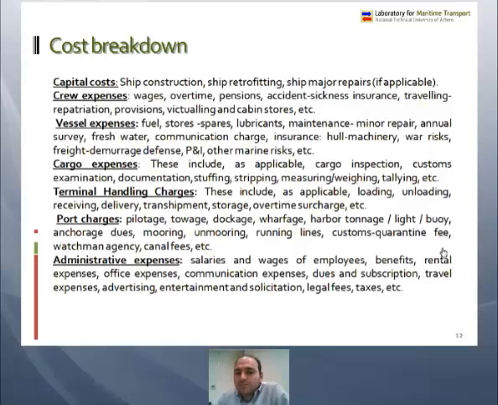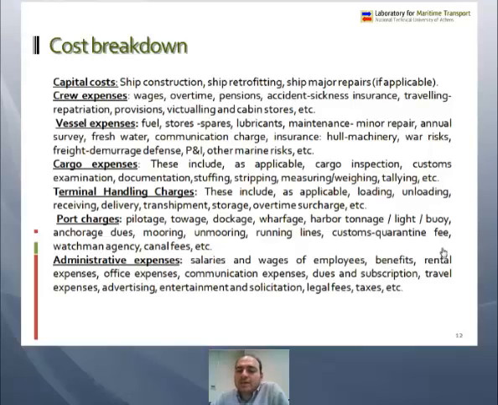Cargo expenses include, when these are applied, cargo inspection, customs examination, various expenses for documentation, staffing, measuring, weighting, and so on.